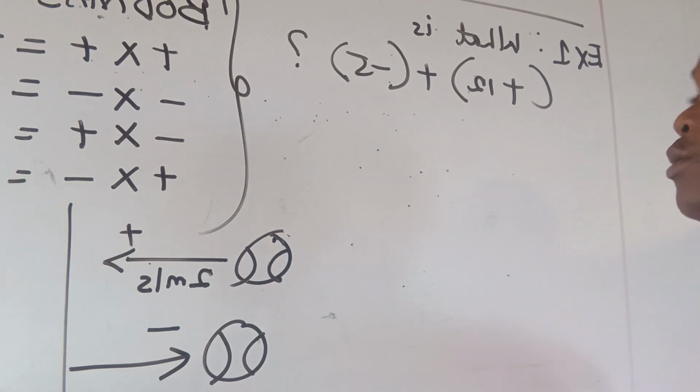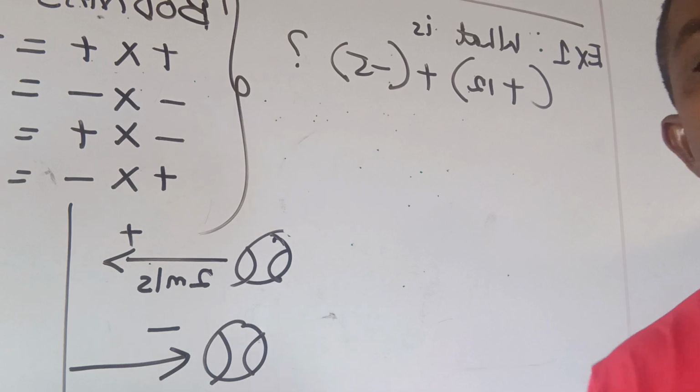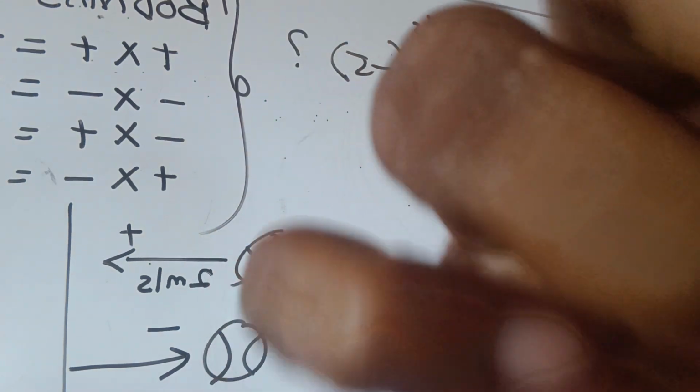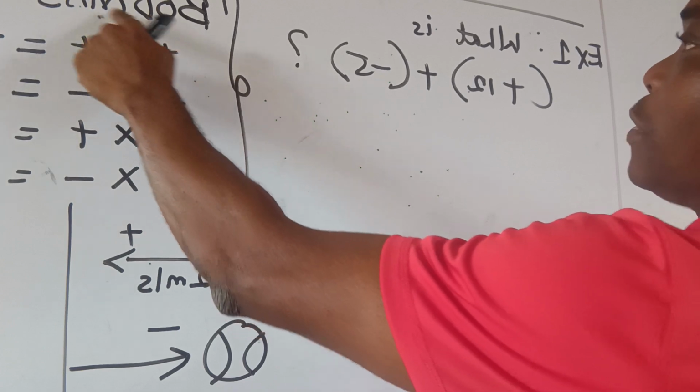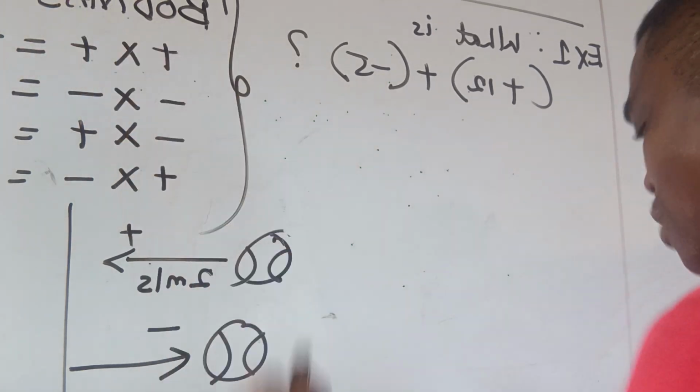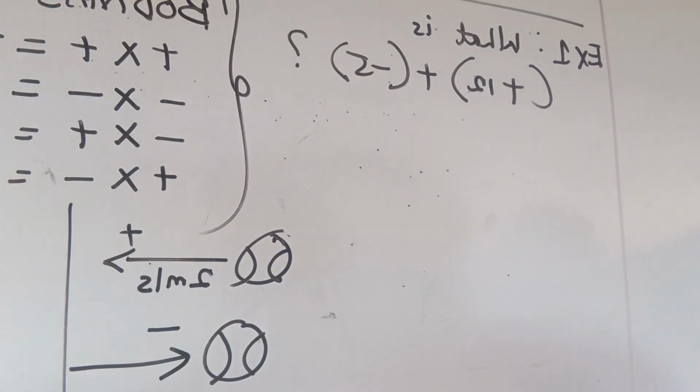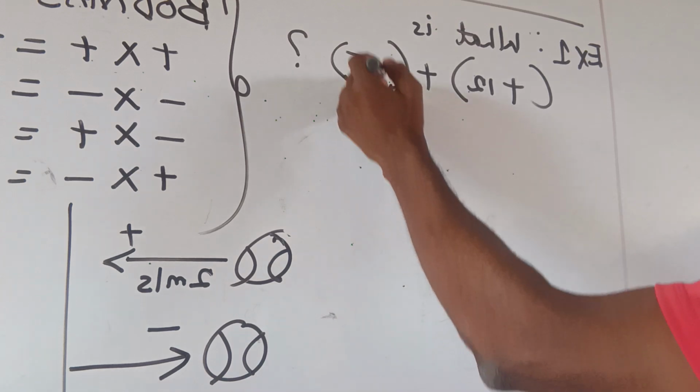Let's take a good look at this. Plus 12 plus into bracket minus 5. Don't forget our BODMAS. The BODMAS is very, very important. Okay? So bracket, division, multiplication, addition, and subtraction. So we'll bring them out.